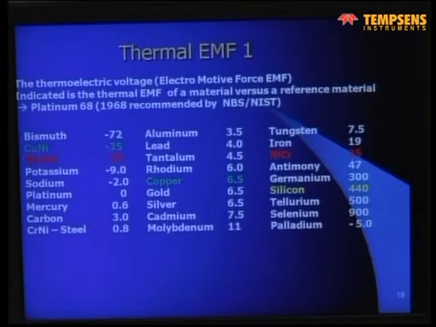Okay, we proceed with the theory of thermocouples. The question is, how can you imagine what two dissimilar elements forming a thermocouple will produce as an output?